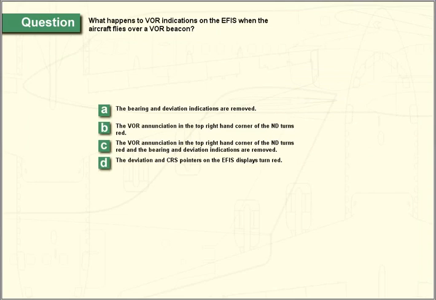What happens to VOR indications on the EFIS when the aircraft flies over a VOR beacon?